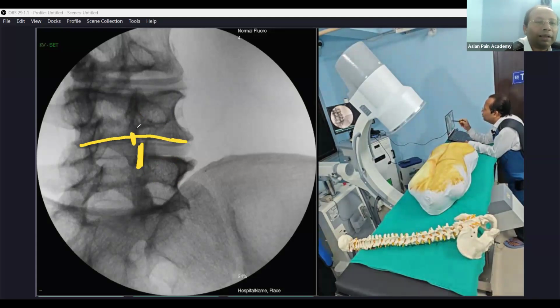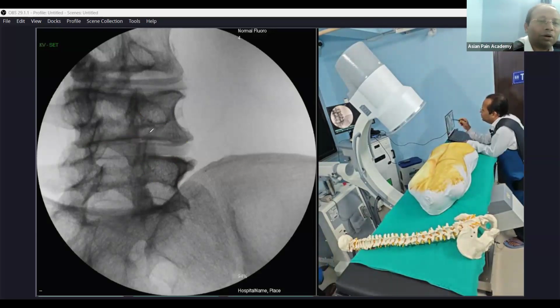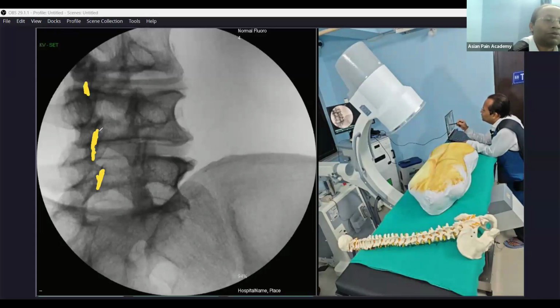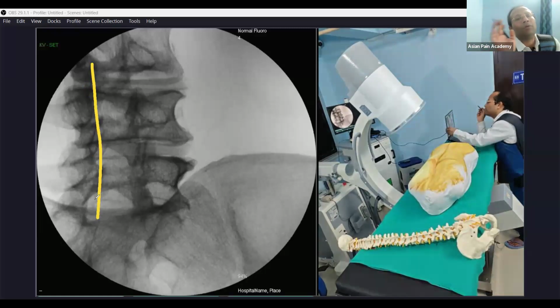Or we can do one thing, with two criteria: either the facet joint to the half point, or the opposite side facet joint line and the spinous process line come on the same line. They form one line. So we can take any one.